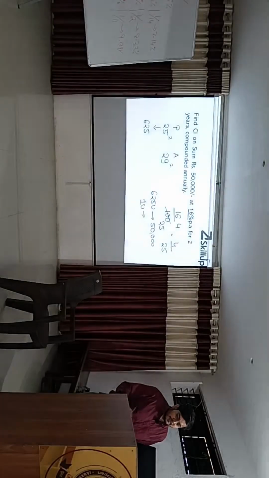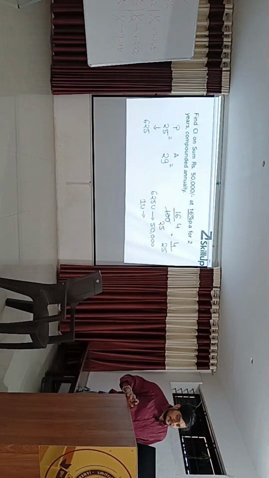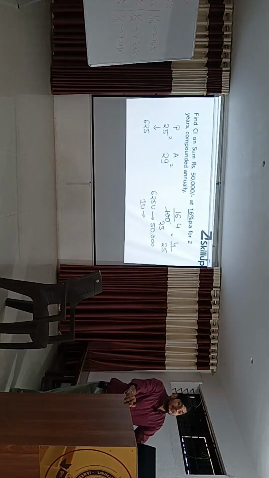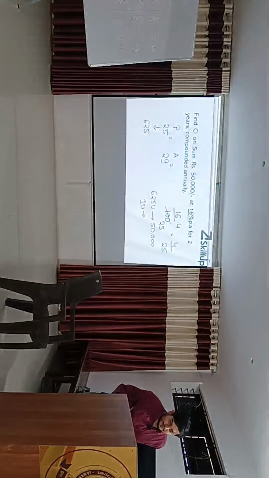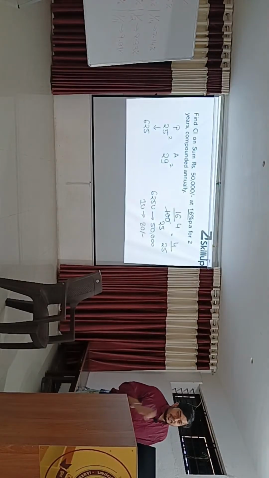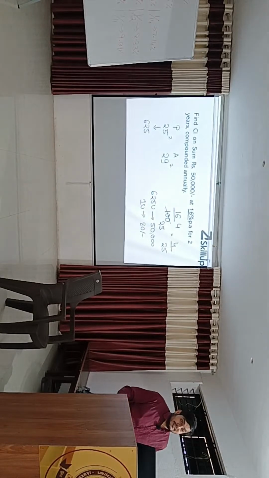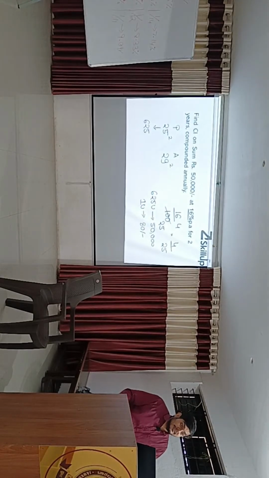25 ones are 25, 25 twos are 50, that is 20,000 by 25, 25s are 80. 1 unit equals 80 rupees. 29 square is 841. Remember the concept: a square, b square, 2ab. Same thing here also.